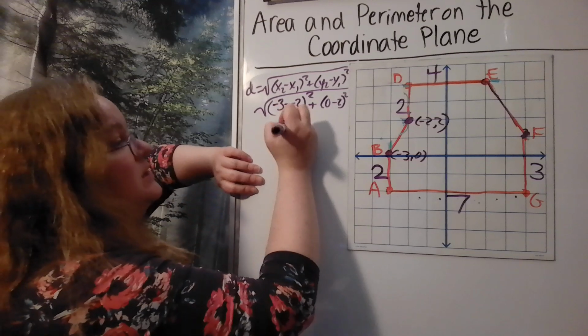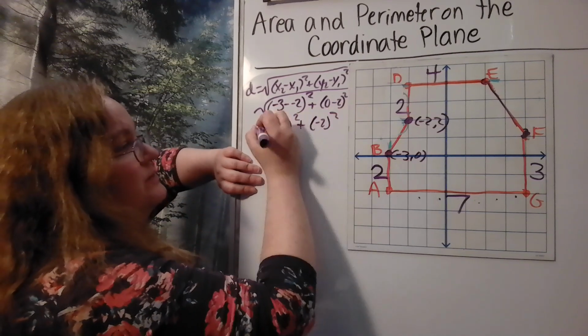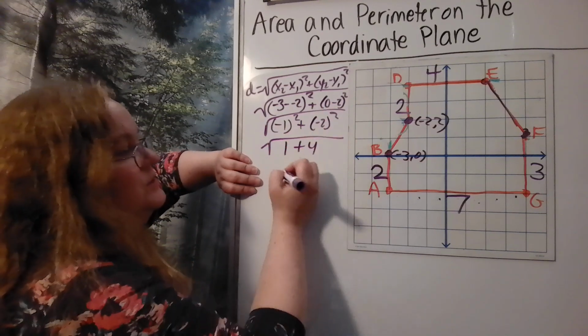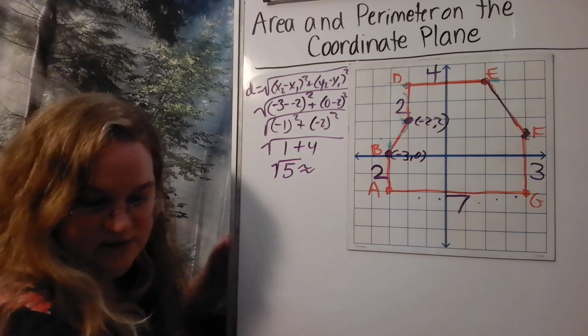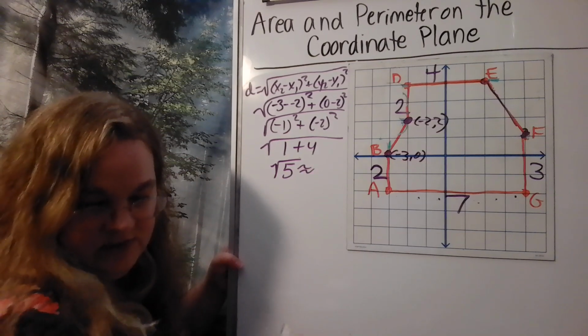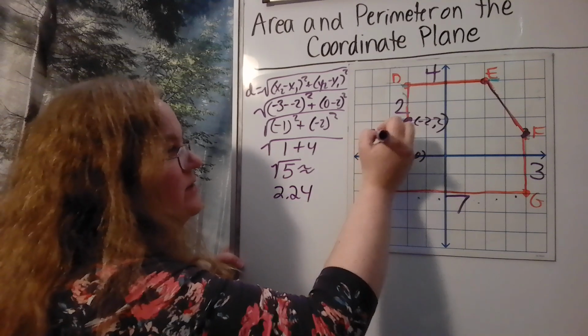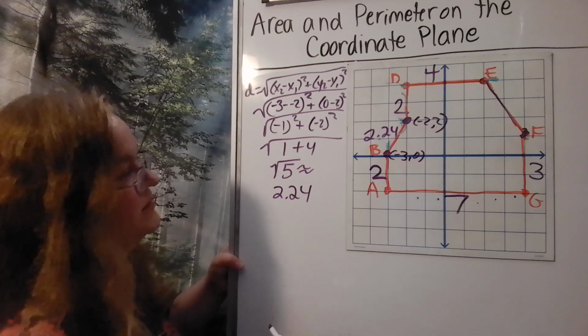So that's going to be -1 squared plus that's going to be -2 squared. When you do that, you get 1 plus 4. So it's the square root of 5, which is approximately 2.24. So this is about 2.24 because it's not a perfect square. So when I take the square root, that's what I'm going to get.